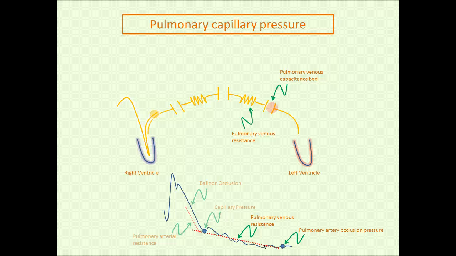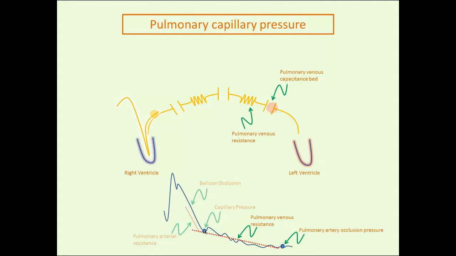So this drop in the pressure is actually a summation of the change in pressure as a result of the pulmonary arterial resistance bed, the pulmonary capacitance bed, and then the pulmonary venous bed. And again, this pressure drop from balloon occlusion to wedge pressure, 2/3 of this drop is your arterial resistor, okay, and then the final third of this drop is your venous resistor.